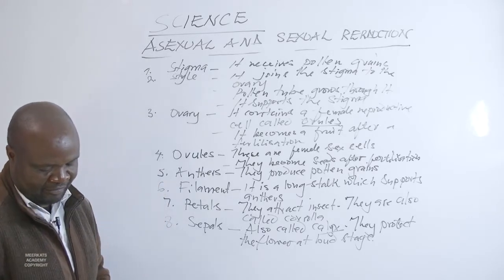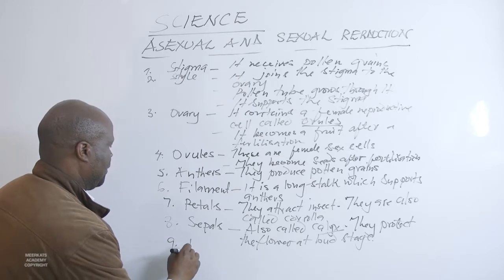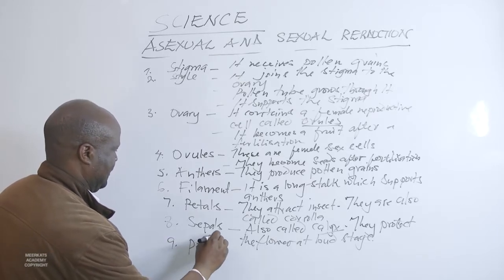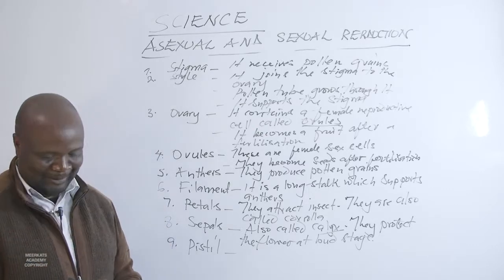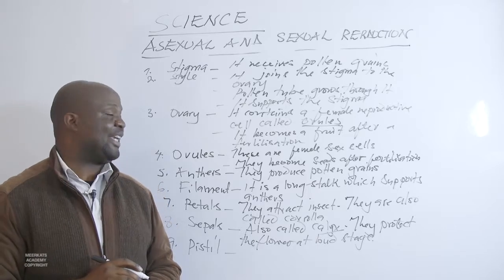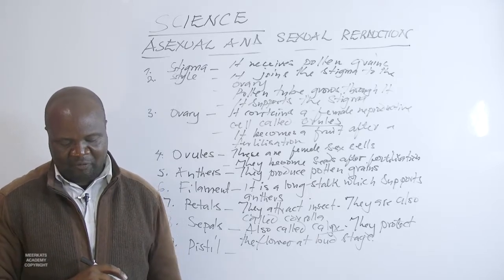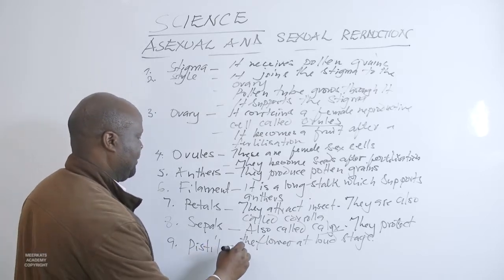Then we have the ninth part of a flowering plant, which we call the pistil. The pistil is the female part of a flower.